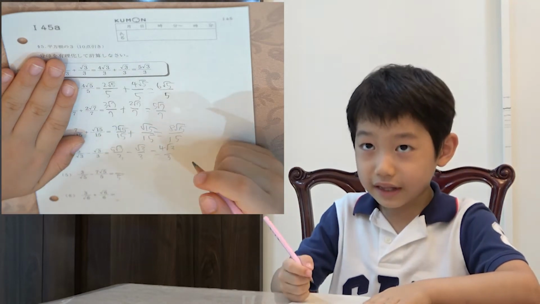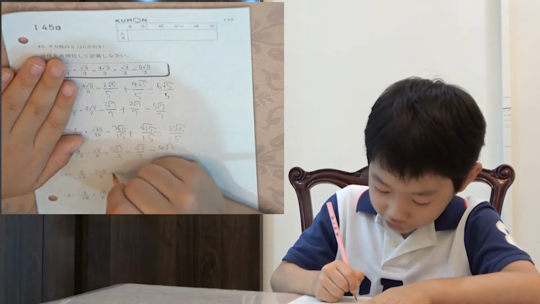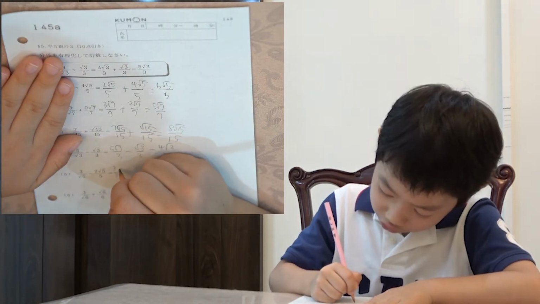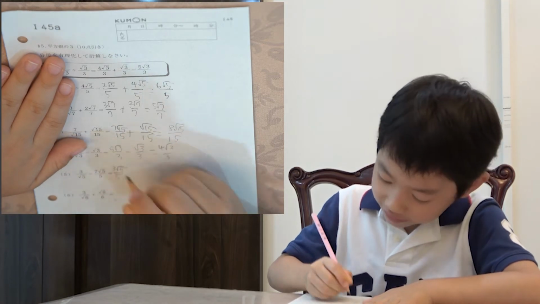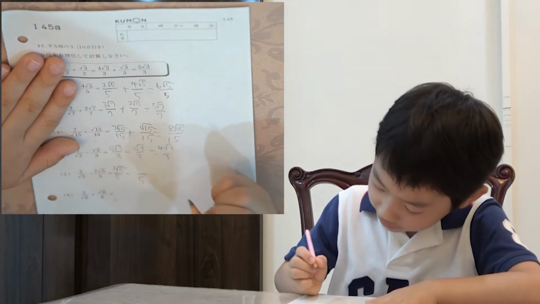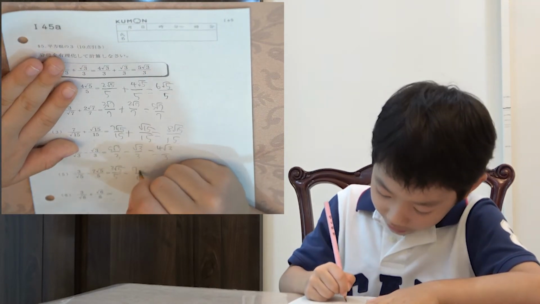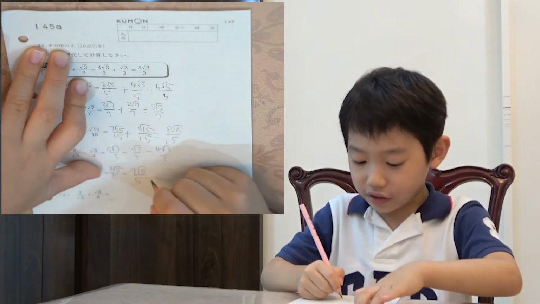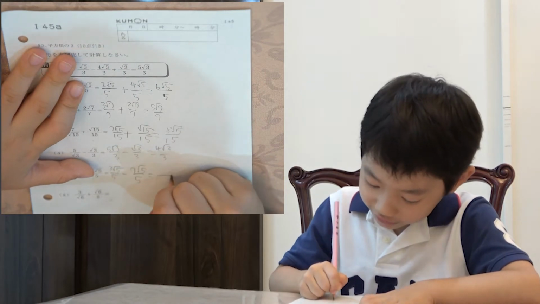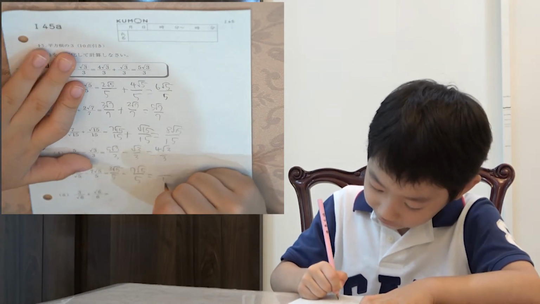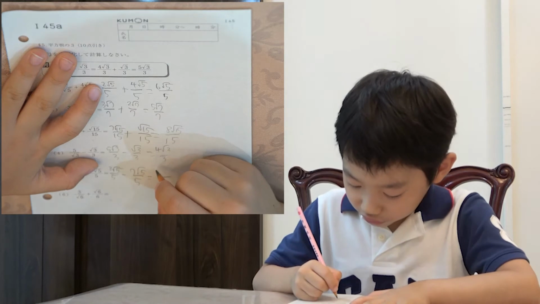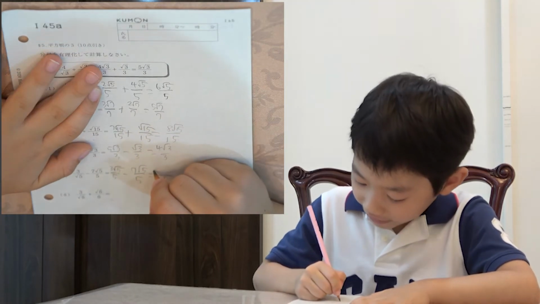And then 3 times square root of 5 is 3 square root of 5, and then just minus it, and then it becomes like this. And I need to warn you this is 5. The answer will be minus 4.